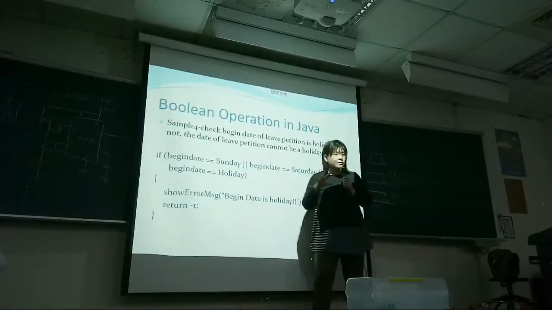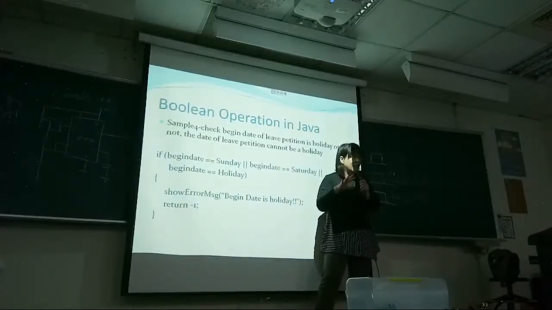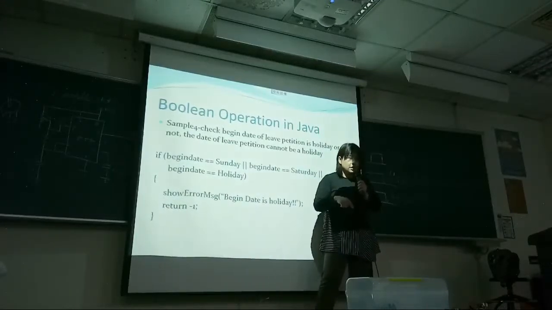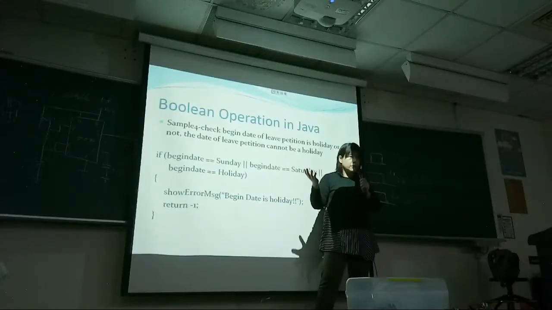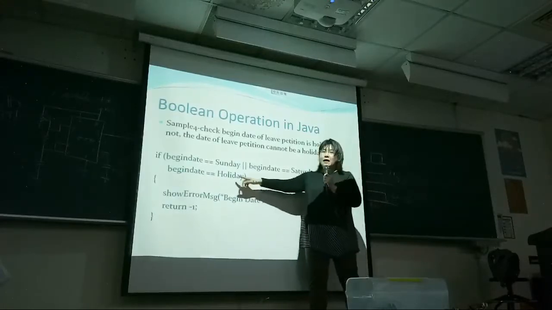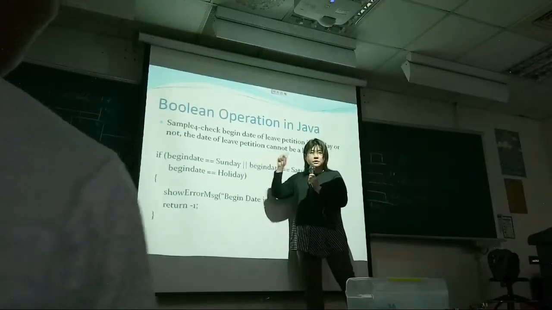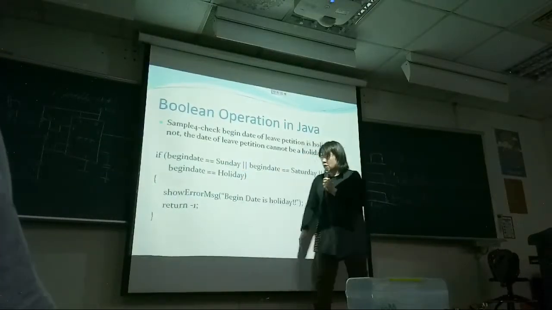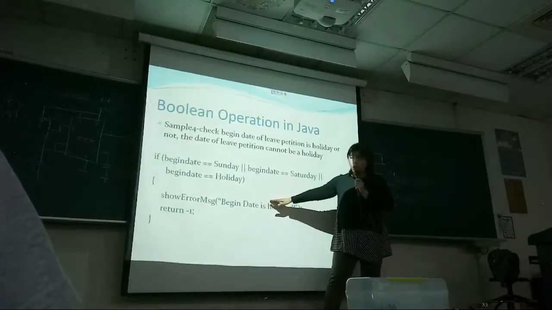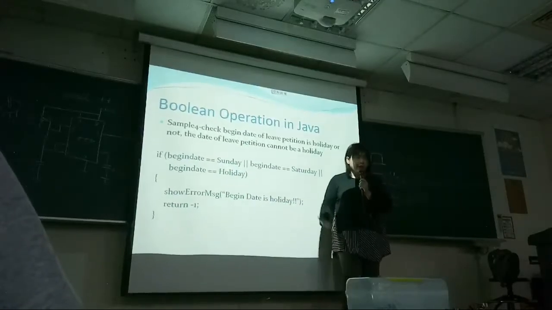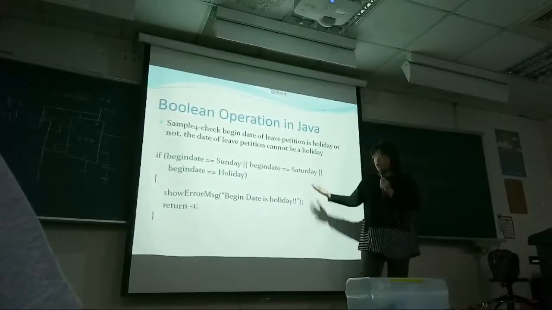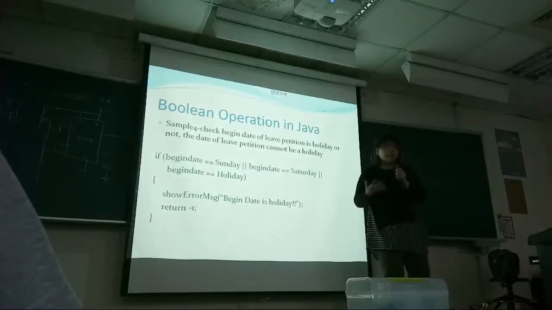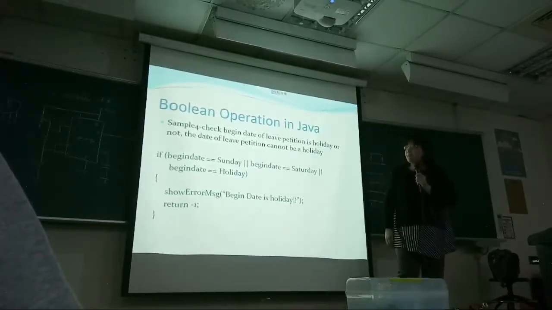Holiday means the government decides that today we do not have to go to work or go to class. If one condition happens, you cannot set it and show an error message. Okay, that's all. So you need a lot of boolean in programming.